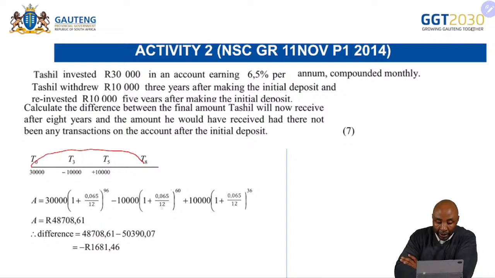The 10,000 that was withdrawn after 3 years will be in the account. It will go with the interest that it was supposed to earn for 5 years. Hence here we are saying power 60, but we are subtracting. And the 10,000 that was deposited, it will earn interest for 3 years there. That is why our power is 36.